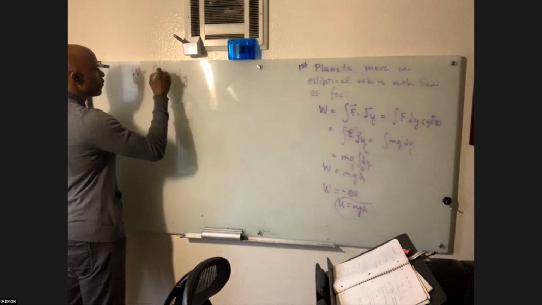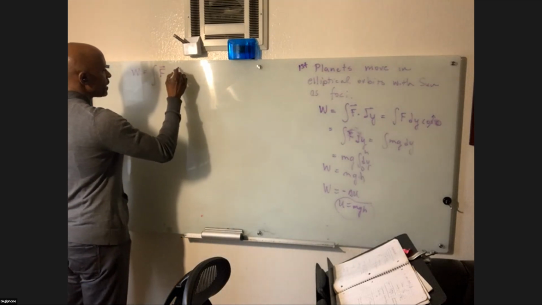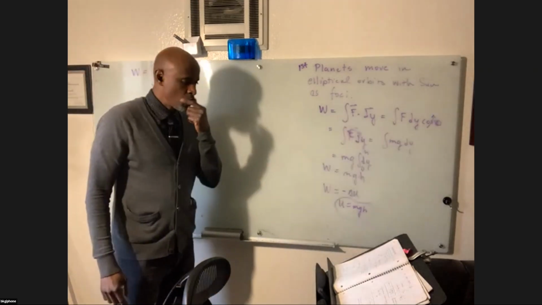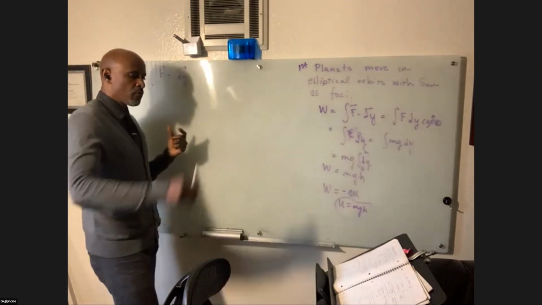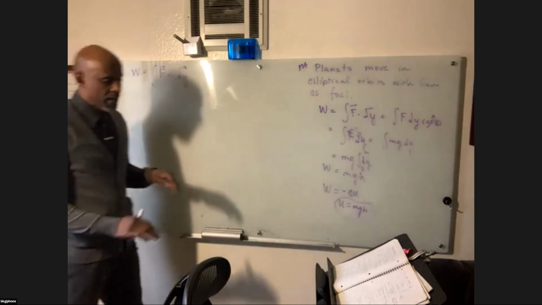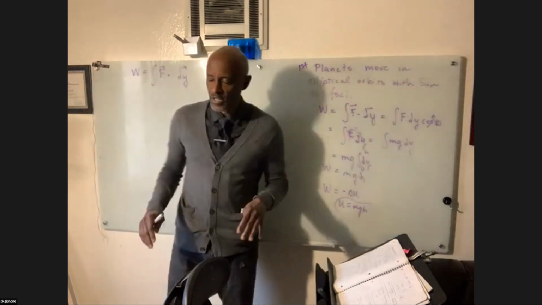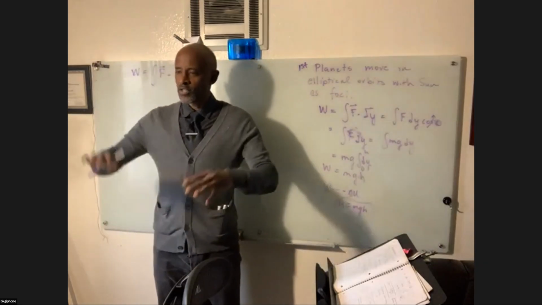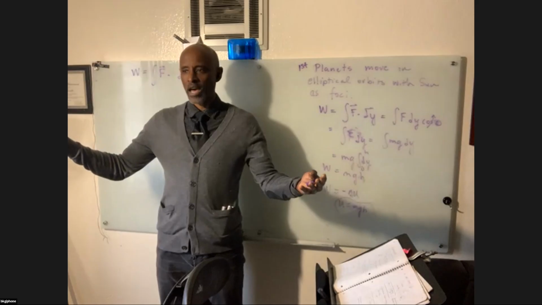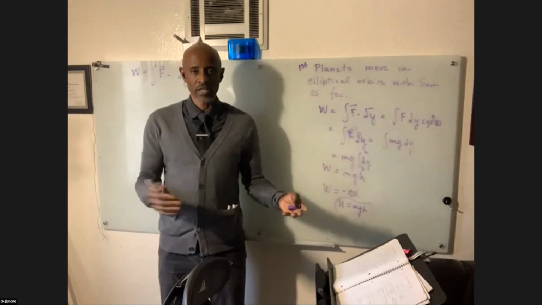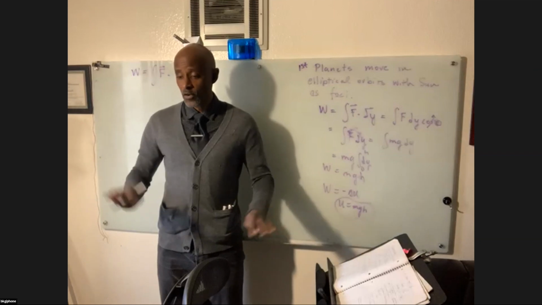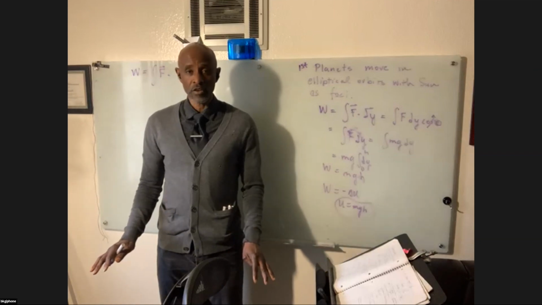Now, in this case, let's think of a mass out at infinity, like the moon or some orbital body, and we're bringing it in from infinity. When we're dealing with a flat surface, we have to define the zero potential energy point as the ground. But when you're talking about orbital bodies, that doesn't make any sense. Why should one planet's surface be 0 rather than another's? When you're flat on the Earth, no matter what the mass is, if it's on the ground, its potential energy is going to be 0.